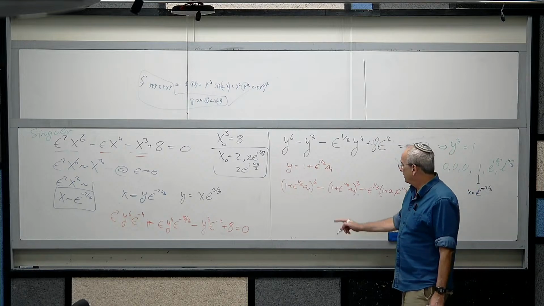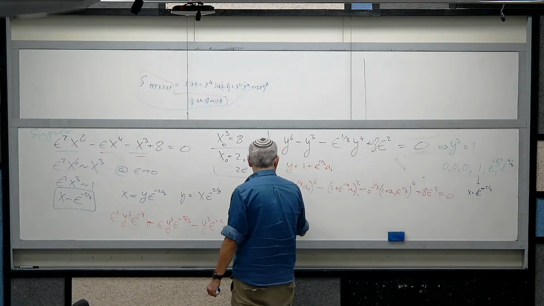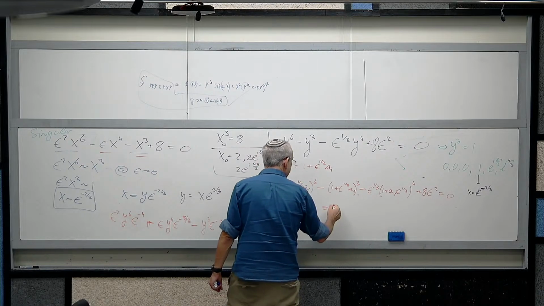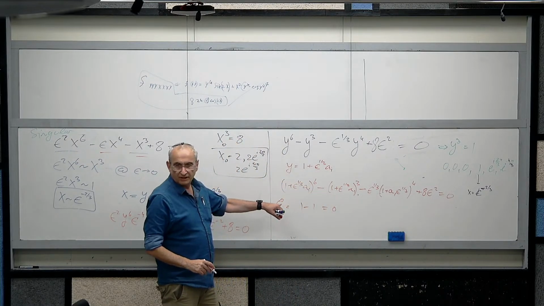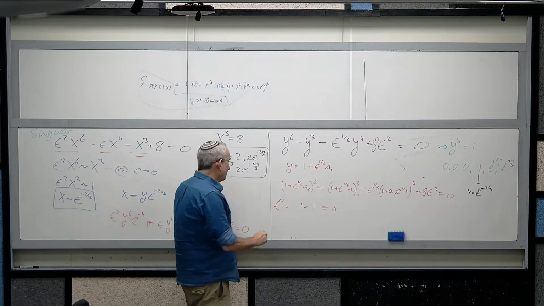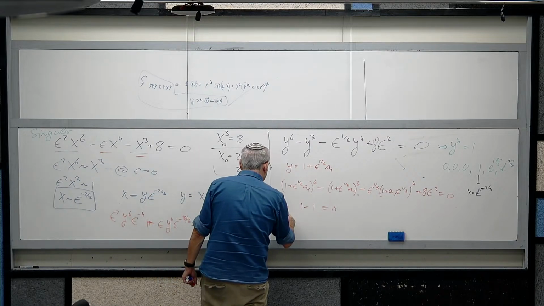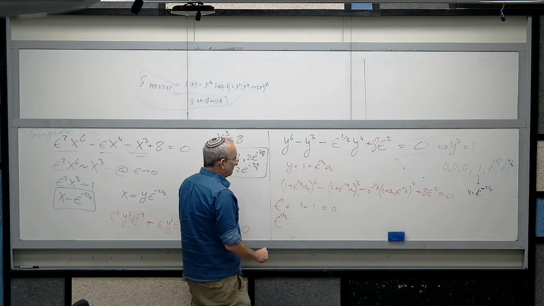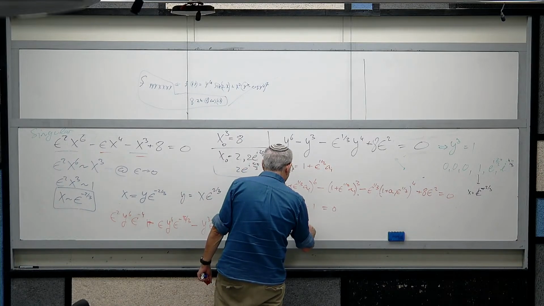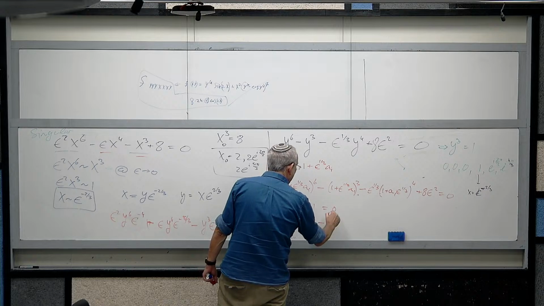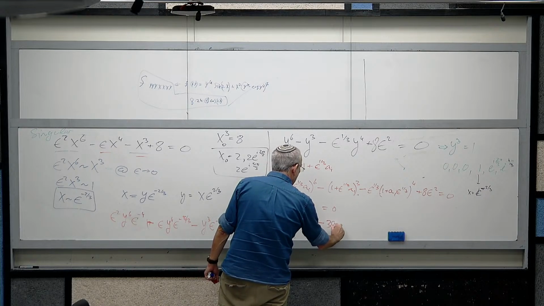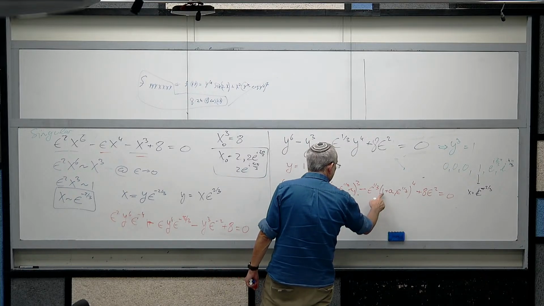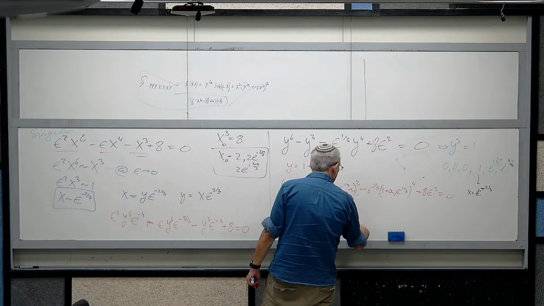Now, if I take everything that is epsilon to the power of 0, then I have 1 minus 1 by construction. If I take the epsilon to the 1/3 terms, what will I have? I will have from here 6a1 minus from here 3a1 minus from here 1 equals 0.